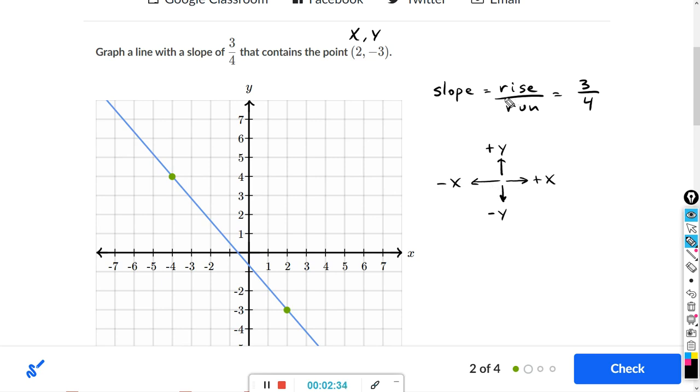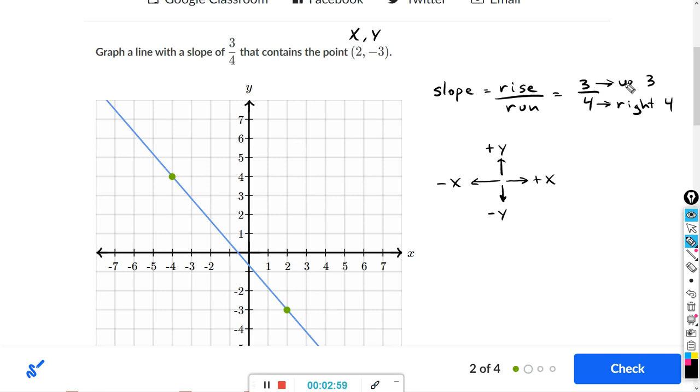Okay, so for the slope rise over run, this translates to up 3 because it's a positive 3, and the denominator translates to right 4.